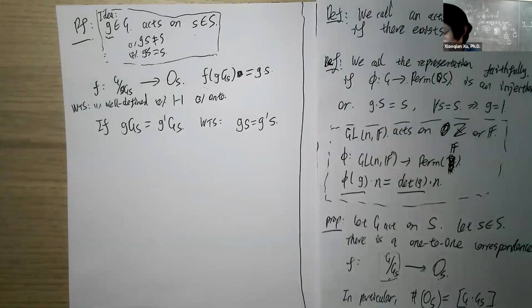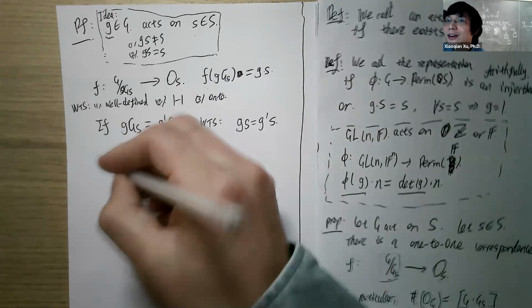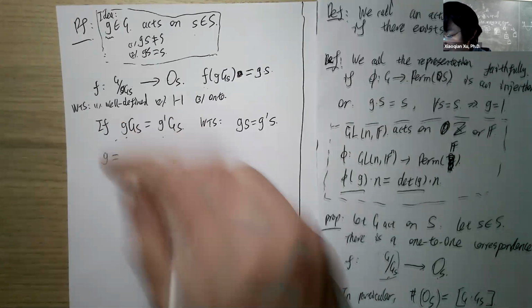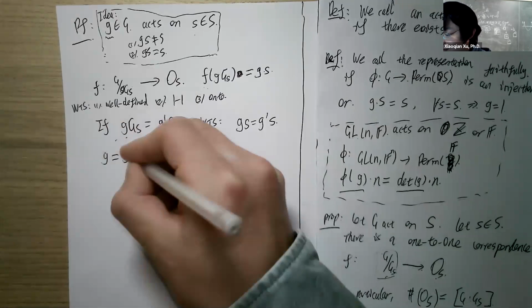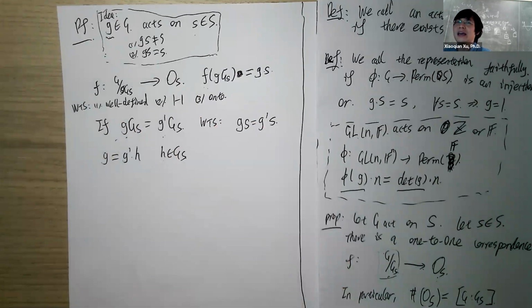Is that clear for you? It's actually not so hard. Since these two are the same, g can be written as g' times something in G_S, something like in the kernel of your operation.